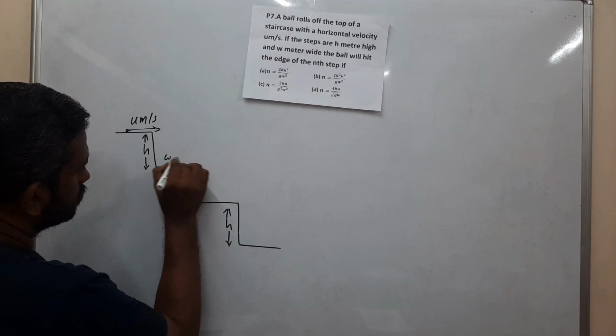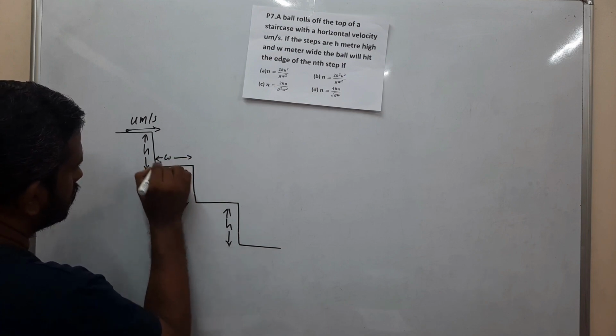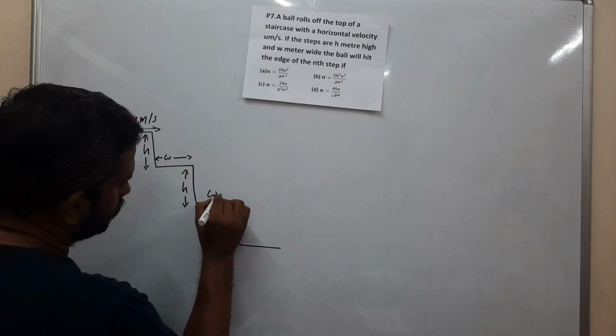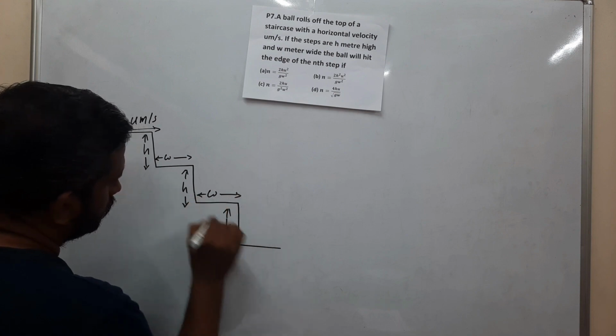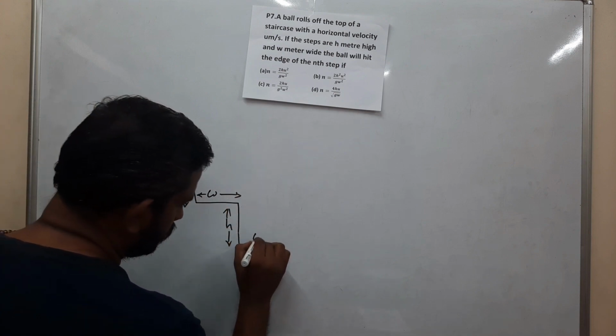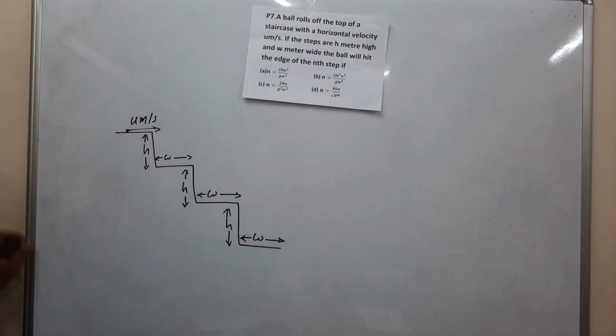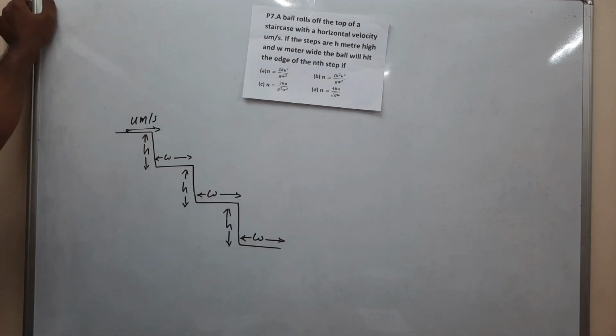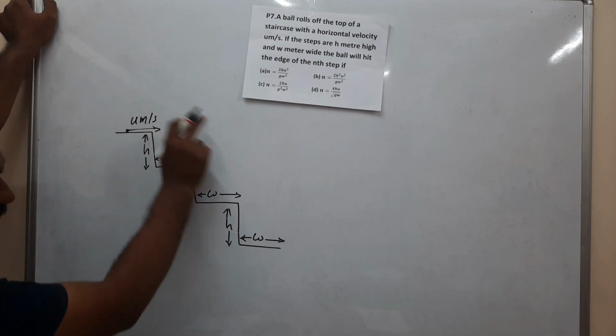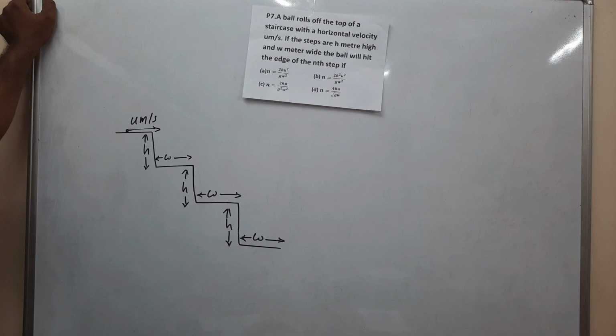So this is w meter, this is w meter, this is w meter. So the ball will hit the edge of the nth step.